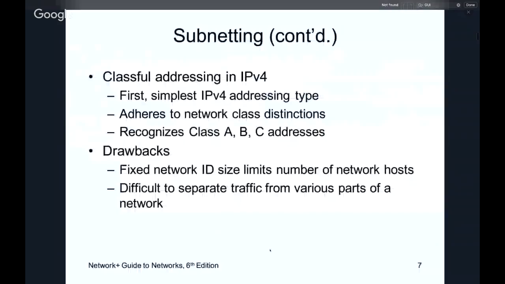Also, the next thing in subnetting is what's called classful addressing. You have three main types of classes in subnetting: class A, B, and C. It basically uses the first three numbers of an IP address to determine the class, and we'll go over this in the subnet exercise.